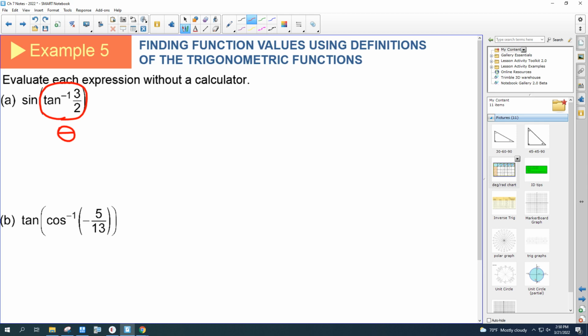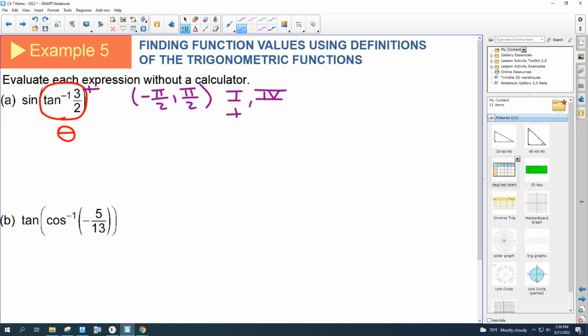Now, when we do an inverse tangent, we know inverse tangent has a range from here to here. And that's telling me that it's defined in quadrants 1 and 4. Because this 3 over 2 is a positive number, it's got to be in the positive quadrant.